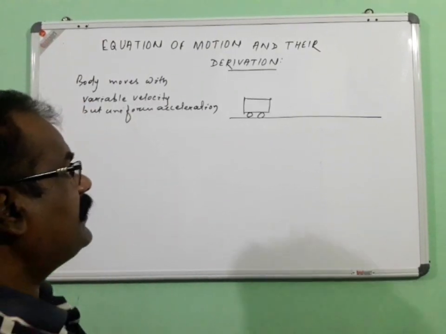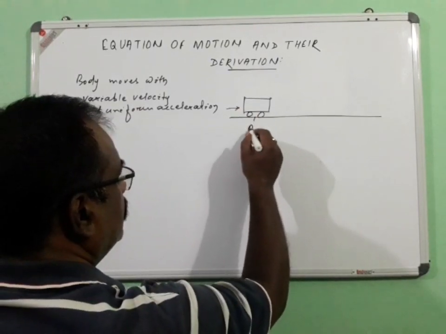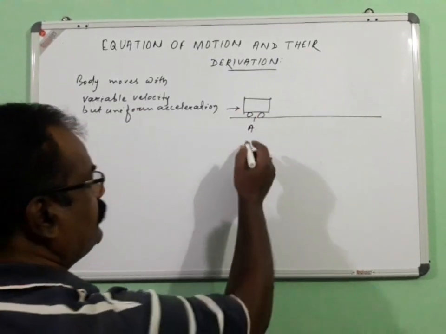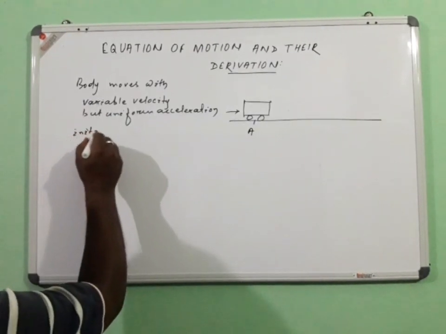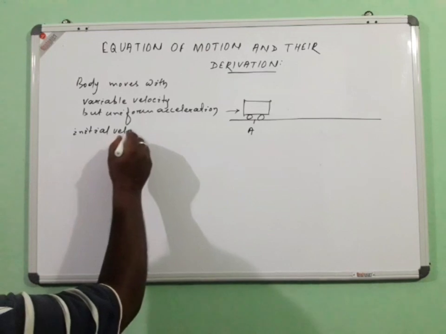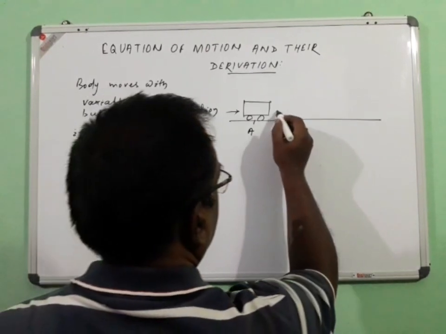Now consider a body moving from A with an initial velocity u.